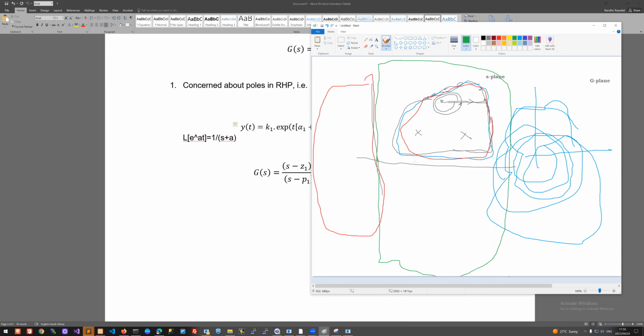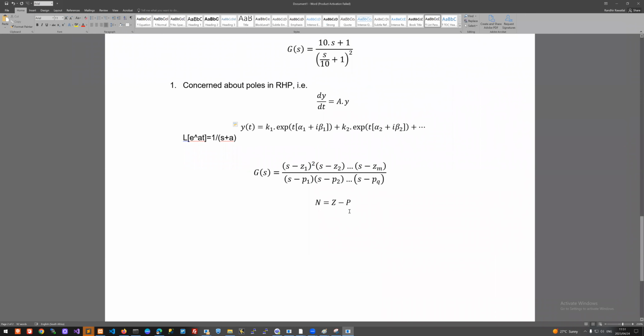So we need to travel around the entire right-hand plane and observe the number of encirclements by G. If G encircles the 0 point at least one time, then it means we have one more zero than the number of poles.